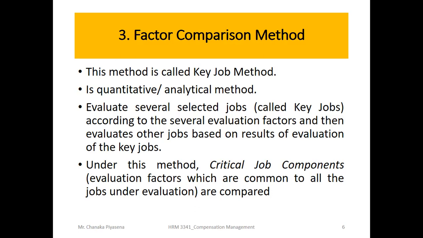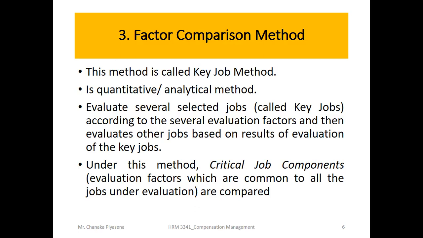As an example, rank number 1, as a numeric value, is low, but the relative worth of the job is the highest. That numeric value is not representing the value of the job. I think it is clear. If you have any questions, you can ask now. Qualitative methods also use numbers, but those numbers are not used as numeric values.